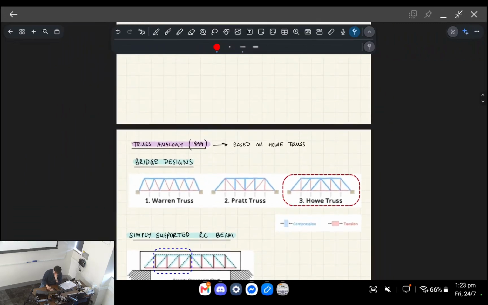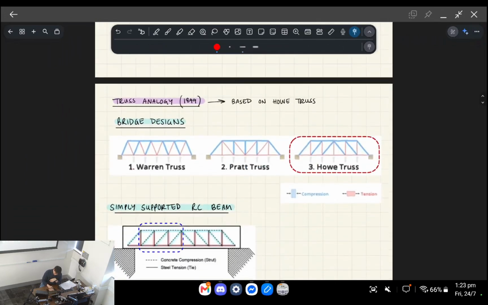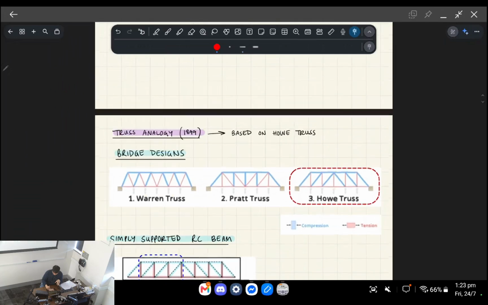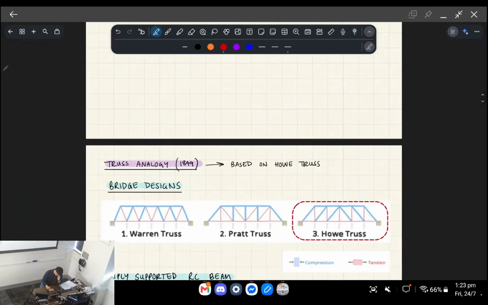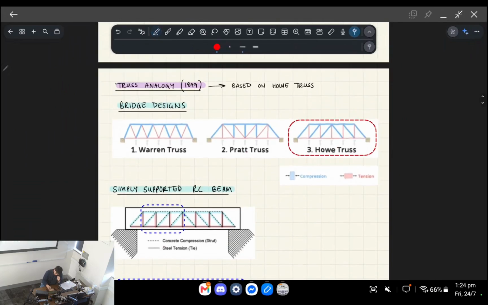So basically, in the early days, they essentially used something called a truss analogy to represent the stress fields within a reinforced concrete member. Okay, so what does that mean?